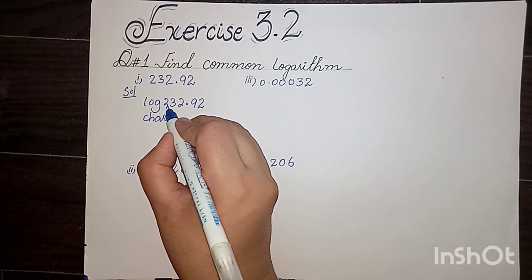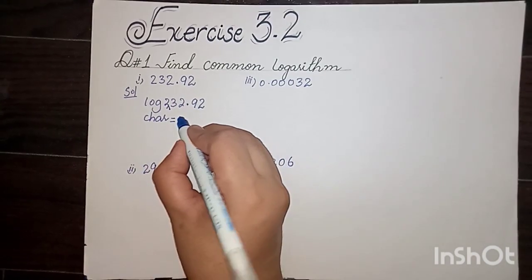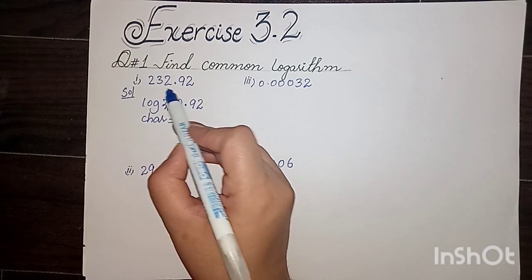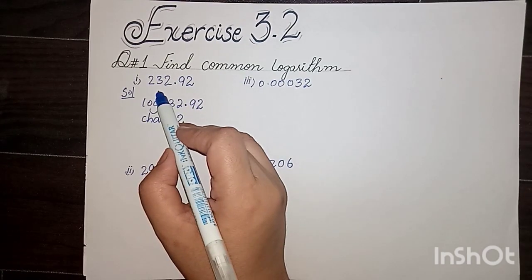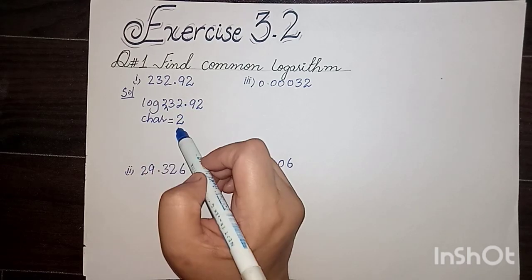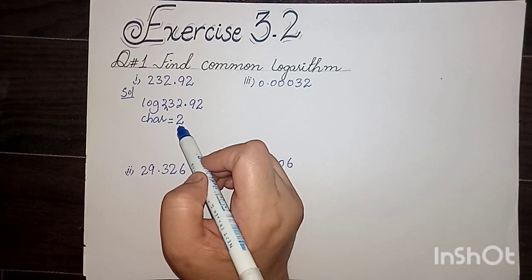In between the reference point and the decimal point there are two numbers, so we will write characteristic 2. This 232 is a number greater than 1, so we will write a positive sign. So my characteristic is equal to 2.